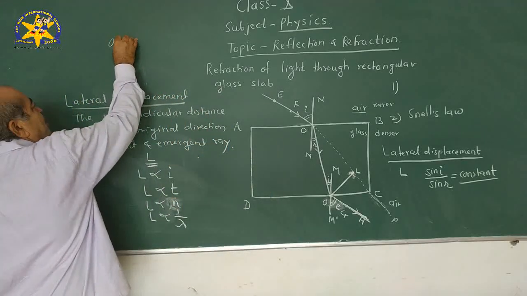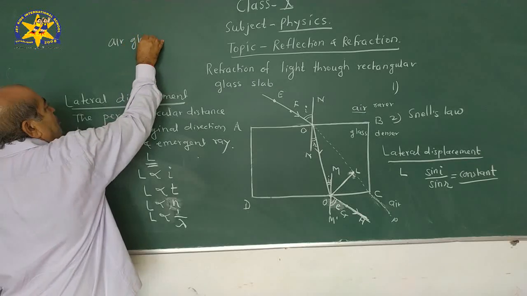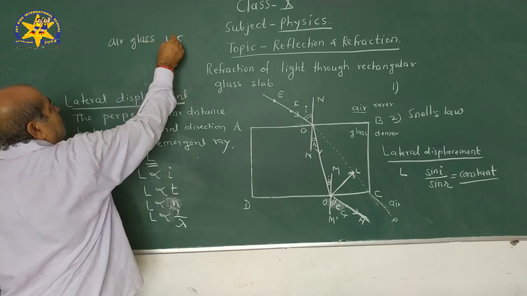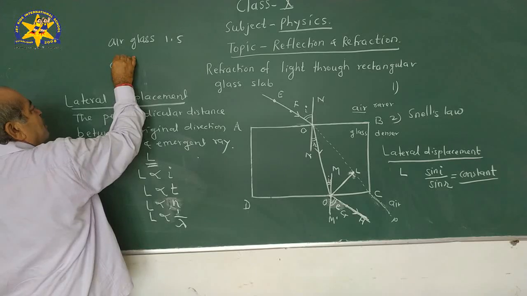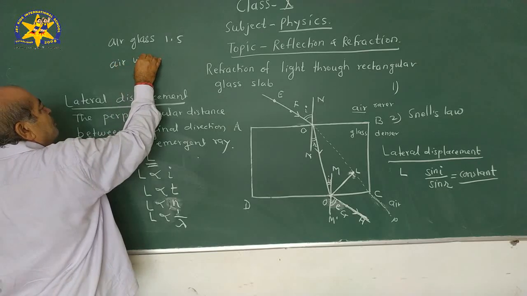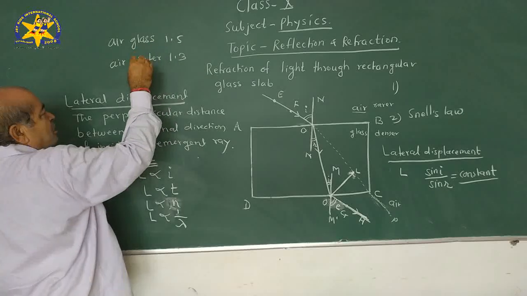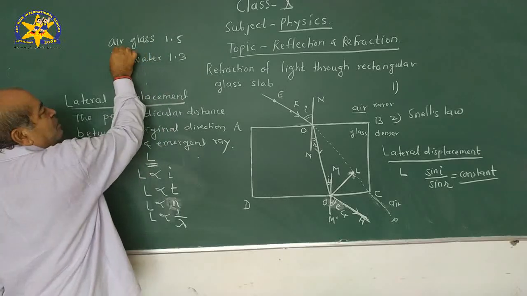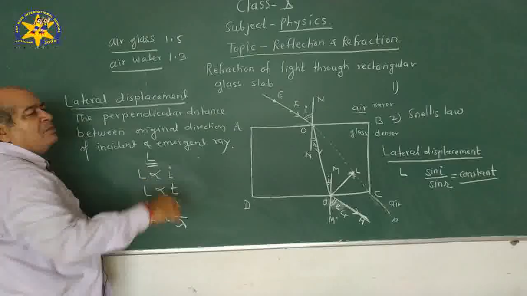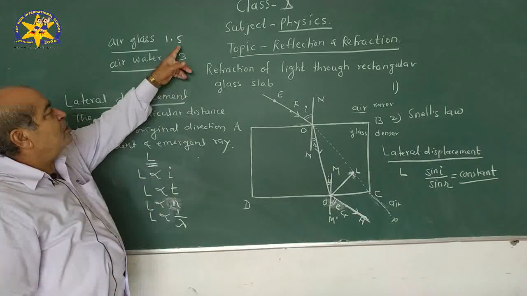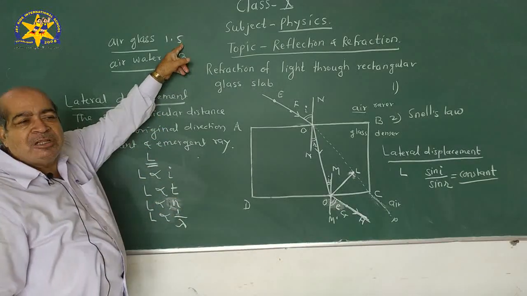For air and glass, the constant is equal to 1.5. For air and water, the constant is equal to 1.3. In this way, if the pair of media is changed, then the constant also changes.